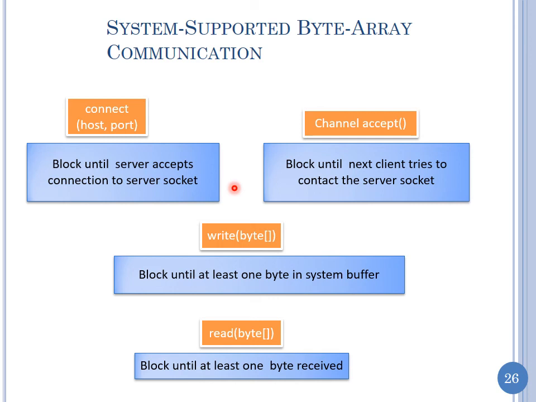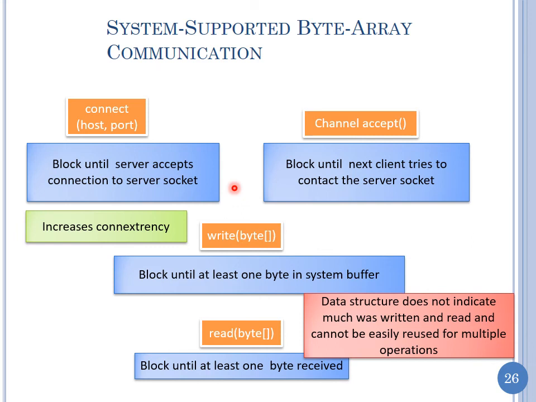And you're not quite polling, because each time you will block. So you would poll if you unblock when there's even 0 bytes in the system buffer, or 0 bytes received, and we will see those semantics hopefully today. So this increases concurrency. This allows the pipelining mechanism that I talked about.